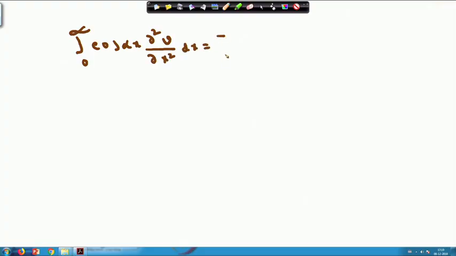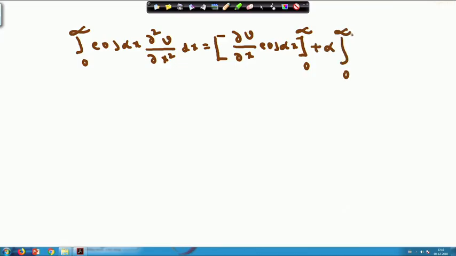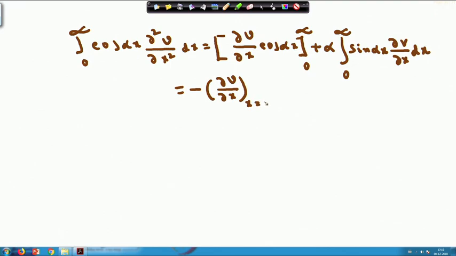Again in the same way, using integration by parts, I can write this as del v del x into cos of alpha x from 0 to infinity plus alpha into 0 to infinity sine of alpha x into del v del x dx. In the first part, you see cos 0 is 1, so this value will be, in the minus part, del v del x at x equals 0.